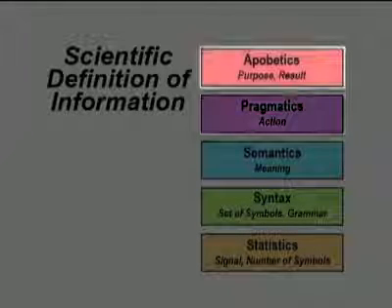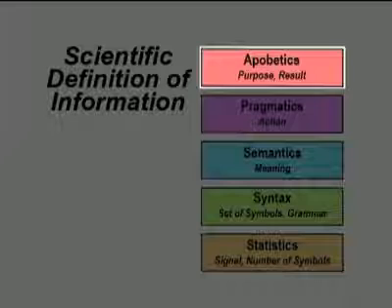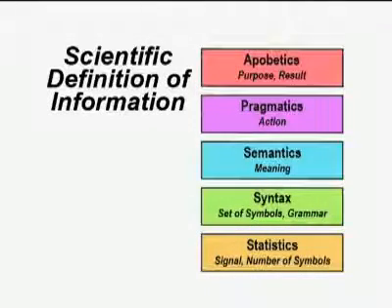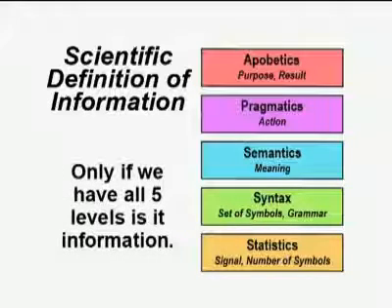And the highest level of information is the purpose, is the result, and the name I gave it is apobatics. So, if we find in an unknown system all the 5 levels of information, then we are sure it is a system with information.